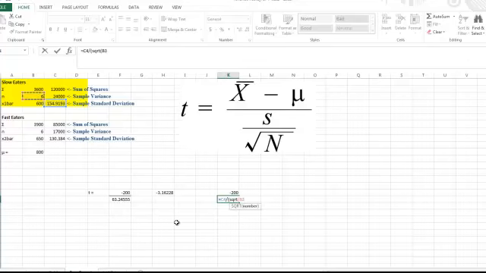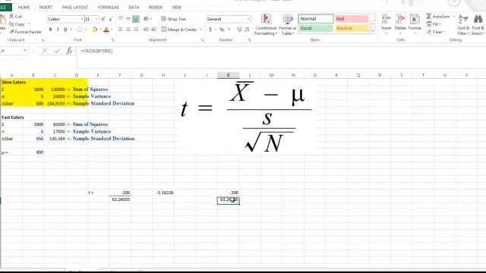I'm going to click where our n is, n is 6, close parentheses again, hit enter. Our denominator there is 63.245, repeating. So our between groups difference is 200. Within groups variability is going to be 63. So if we divide those out, we'll get our t statistic.